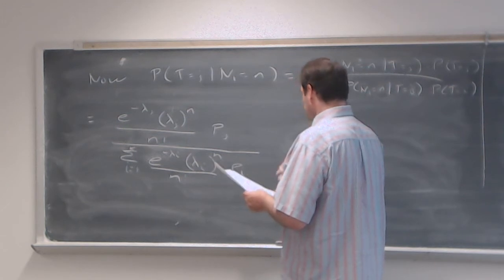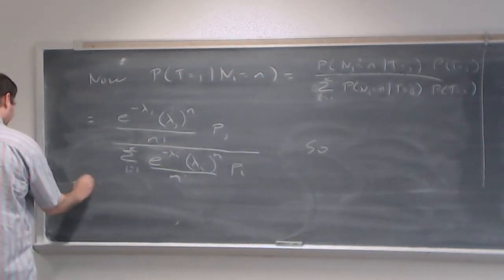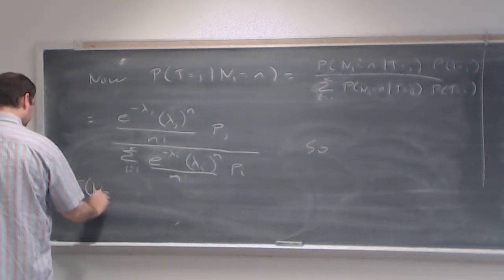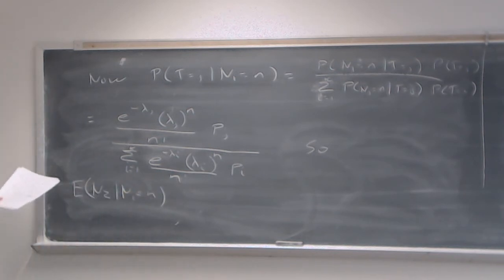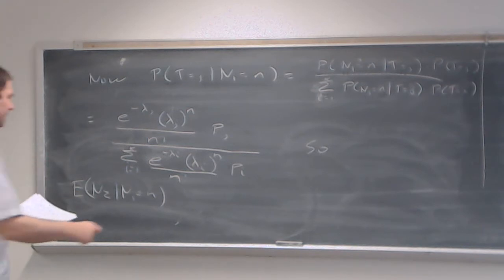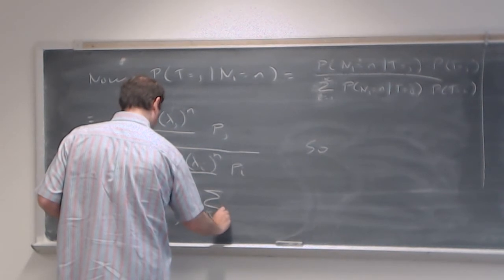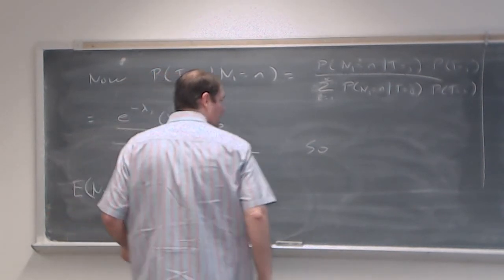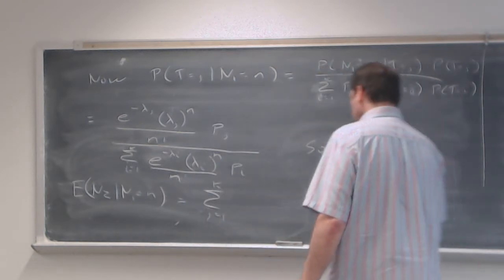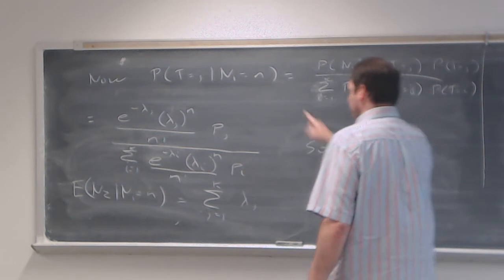Okay. So, here's what we have. The expected value, this is our problem, of N sub 2 given N sub 1 equals n. What that's going to be equal to is a sum as j runs from 1 to k of lambda sub j, and then this quantity.